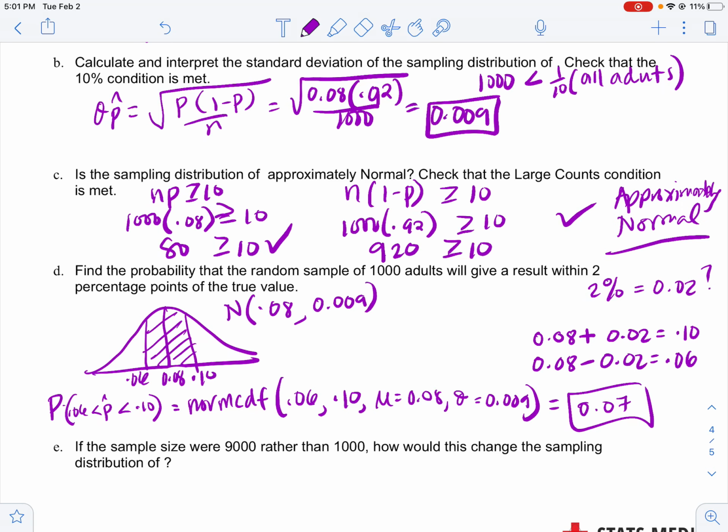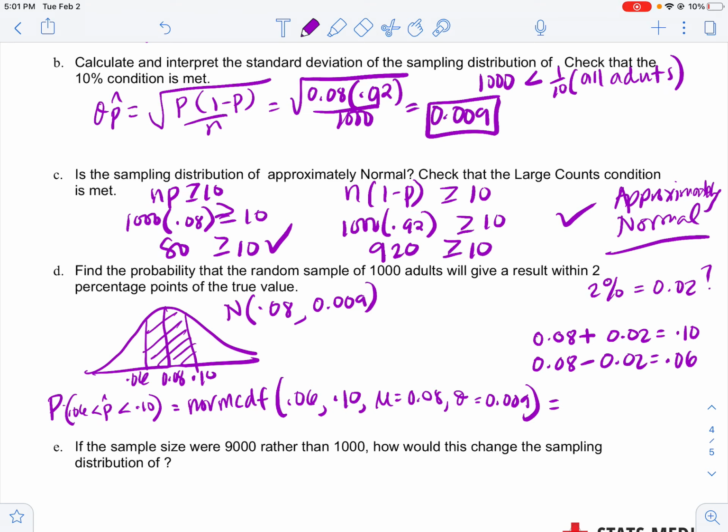Wait. No, I typed it wrong. That is too little. It should be bigger. I put 0.5. Oops, sorry, guys. So I get normal CDF with 0.06, 0.10, 0.08, 0.009.